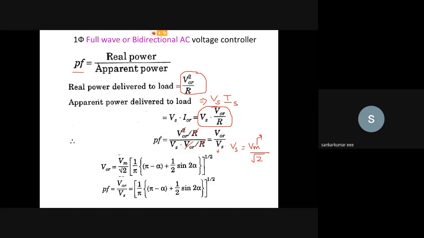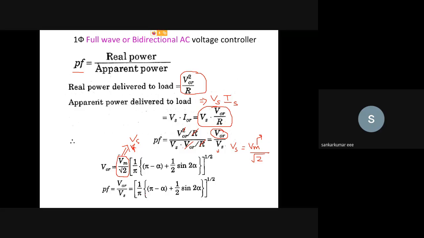Next, we have already derived V naught R, that is the RMS value of the output voltage, as Vm by root 2 into 1 by pi minus alpha plus sine 2 alpha by 2, to the power of 1 by 2. We can substitute this instead of V naught R, since power factor is equal to V naught R divided by Vs. This Vm by root 2, we can write as Vs. So this Vs and the Vs in the denominator both get cancelled.